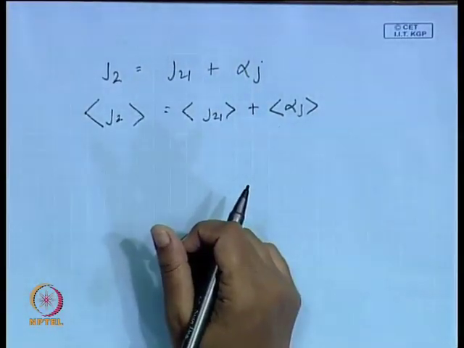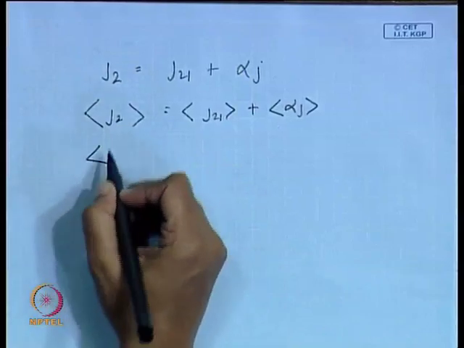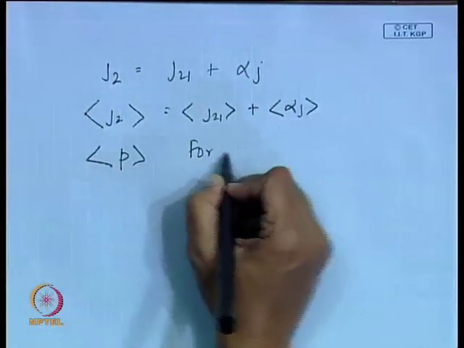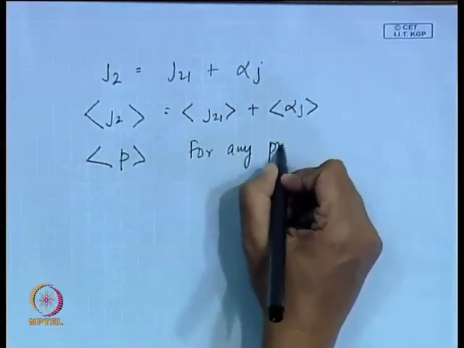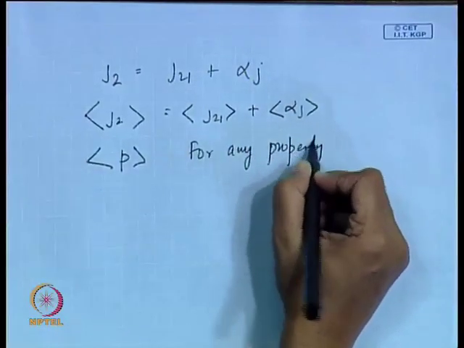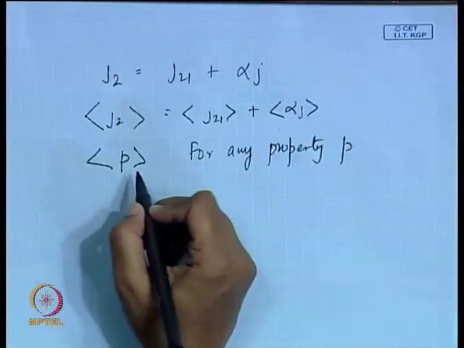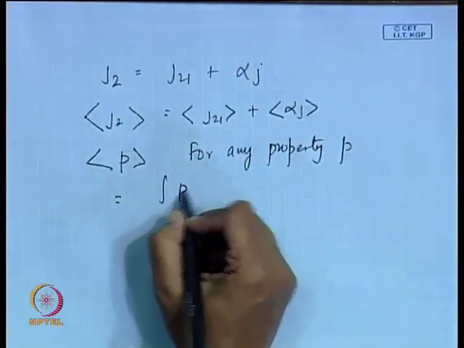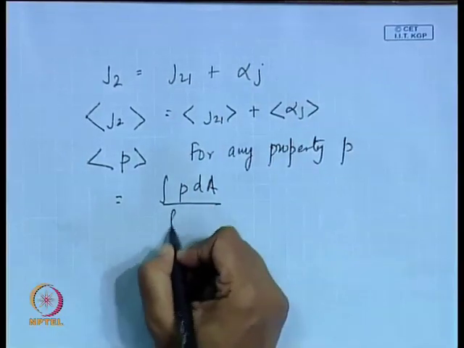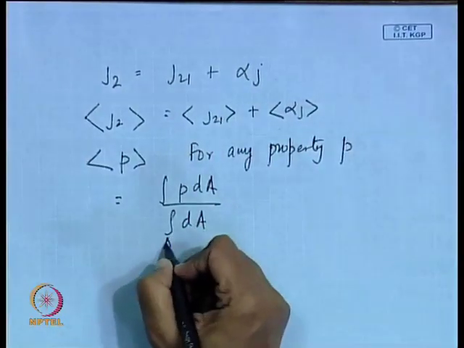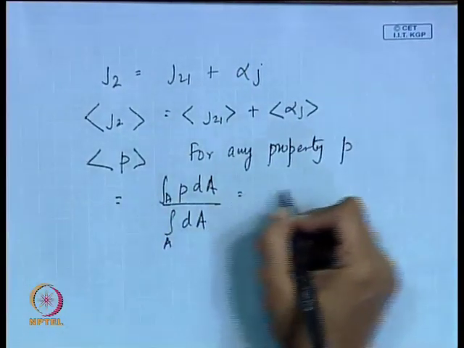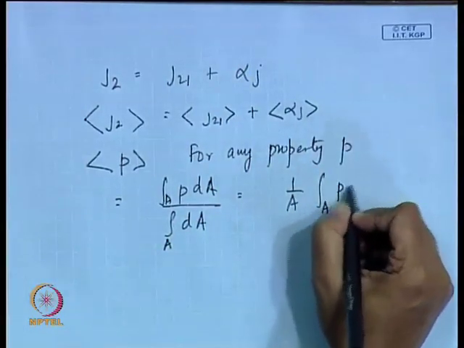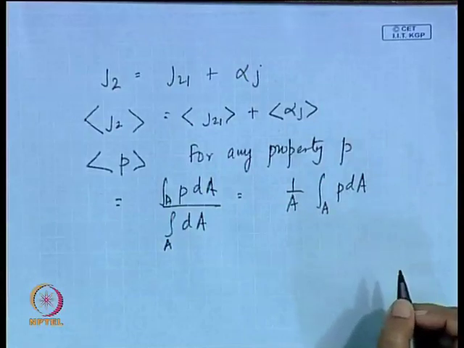For any property P, these squarish brackets basically mean the integral of P dA over the integral of dA over the entire cross sectional area, or in other words 1 by A times the integral of P dA.